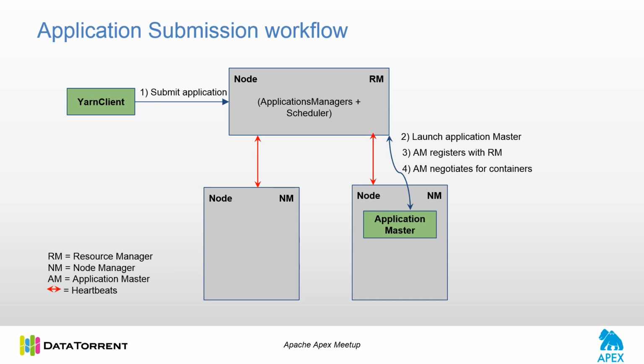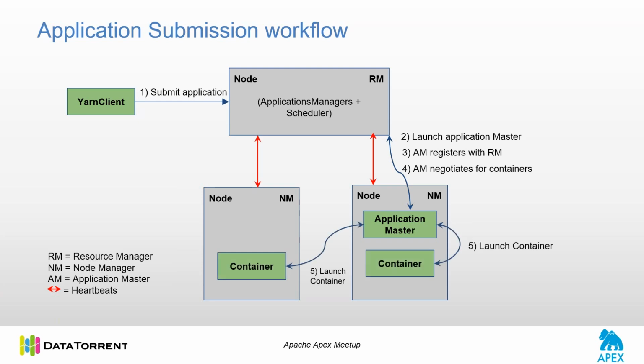When the resource manager gets this request, the scheduler from the resource manager will find the required number of container slots in your cluster and will send this information to the application master. Now the application master, when it has all this information, will contact the respective node managers and ask them to launch the containers to run the application. So all the containers will be launched and your application goes into running state.